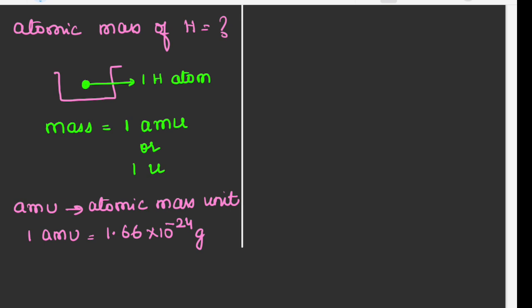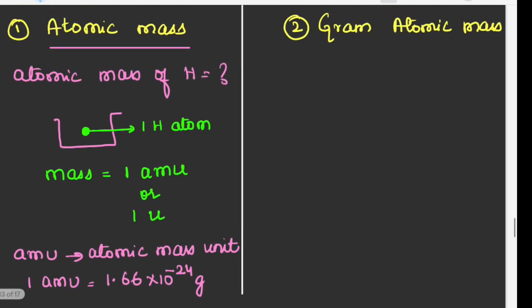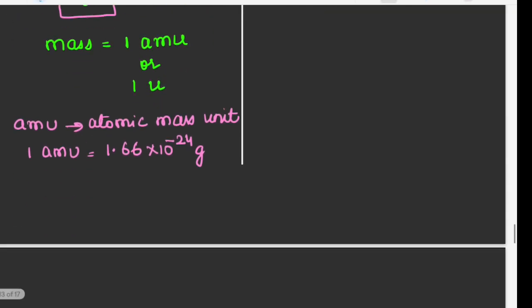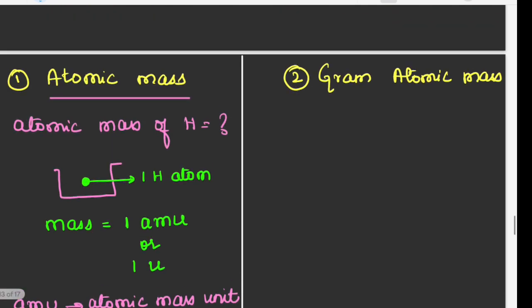It is 1.66 into 10 to the power of minus 24 grams. So this is about atomic mass. Atomic mass means take the atom, measure the mass of that atom, and the unit should be AMU, or nowadays instead of AMU, you will be using U. What is this U? U is nothing but unified mass.